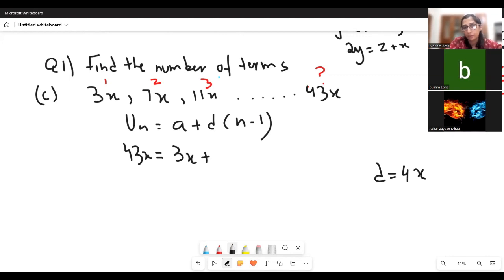So d is 4x, so 4x bracket n minus 1. Okay, now give me the value of n. What do you get?